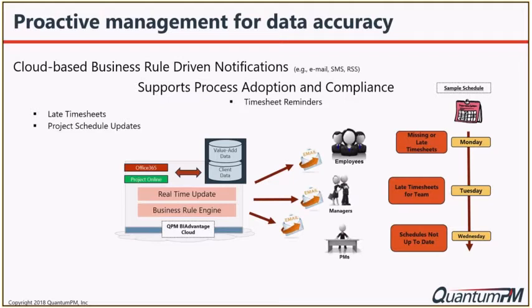Again, using BIAdvantage as the system where all that data is consolidated, it's monitoring to see who has submitted their timesheet, when it's been submitted, and if there are any errors of a specific nature in it, so that those can be corrected before it gets really added into the system.